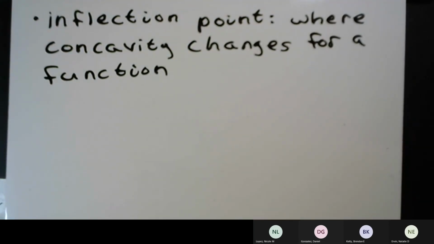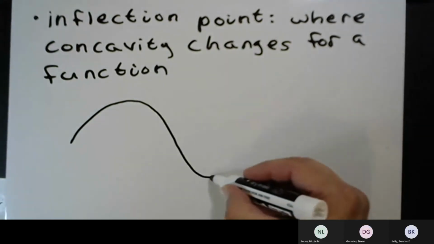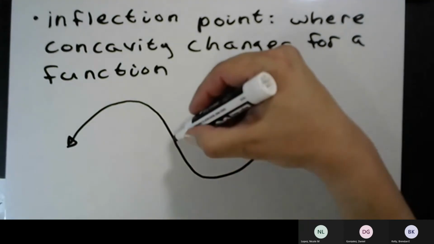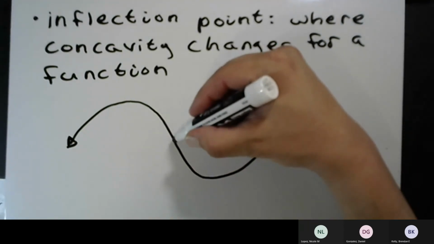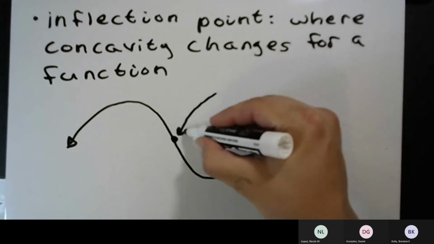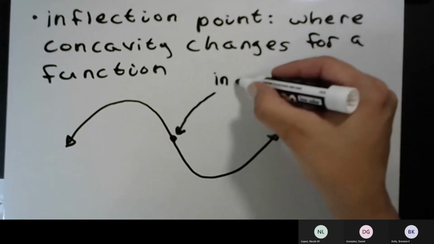So what this might look like, if we have like a max and then we have a min, local max and local min, there's a transition somewhere in here at some point. And this would be an inflection point.